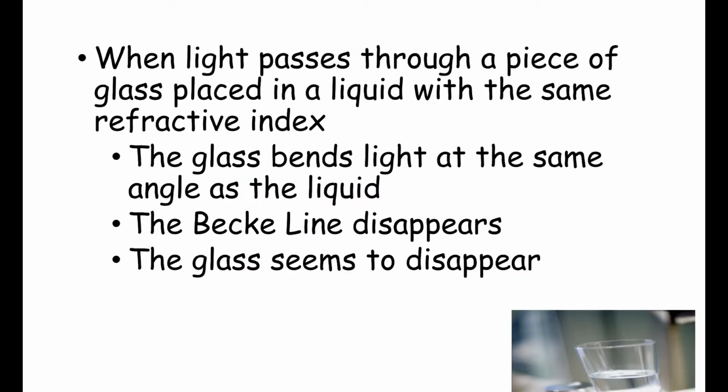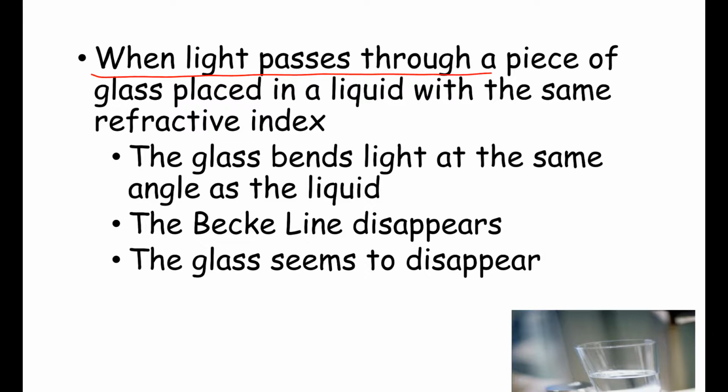All right, so to go over the information one more time, remember that as light moves from one medium to the next, it slows down or it bends. So if the glass bends the light at the same angle as the liquid, then my Becke line is going to disappear and my glass seems to disappear, and this tells me that they have the same refractive index. So I need you to underline.